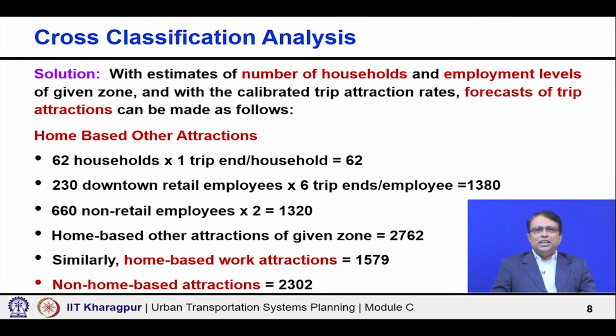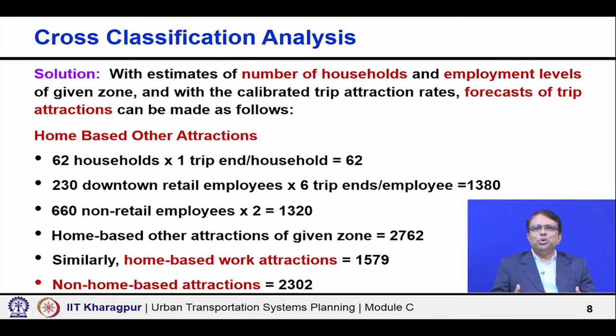If a study area has maybe 50 zones or say 20 zones, then for all 20 or 50 zones you can calculate how many trips will get attracted, and how many trips will get produced in the first example. Using this example, in each of those zones you can find how many trips are likely to be attracted, and in this case we have classified into home based work, home based other and non home based trips.